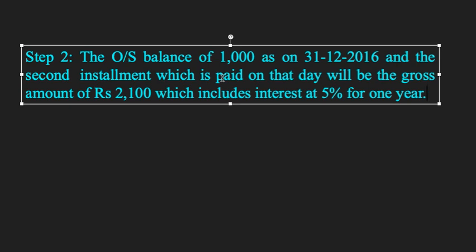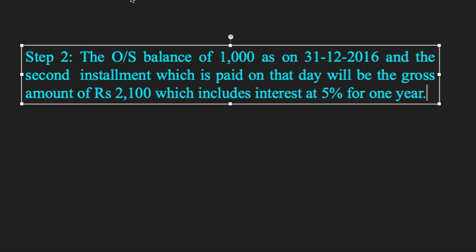That is the outstanding balance of 1000 as on 31st/12/2016, and the second installment which is paid on that day will be the gross amount of 2100 rupees. That is, the second installment is 1100, and the outstanding balance of that year is 1000 rupees, which we just calculated, and this 2100 includes interest of 5% for this year, right?